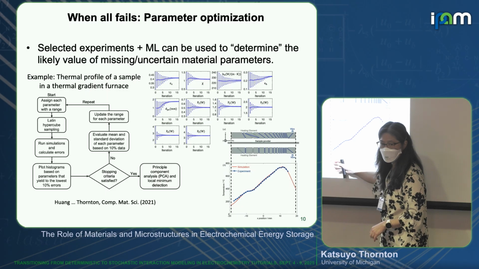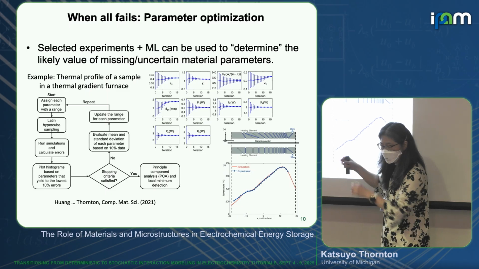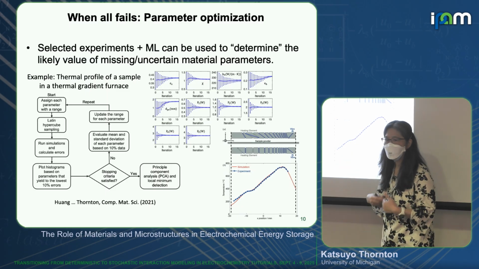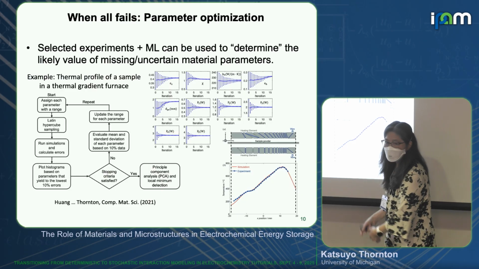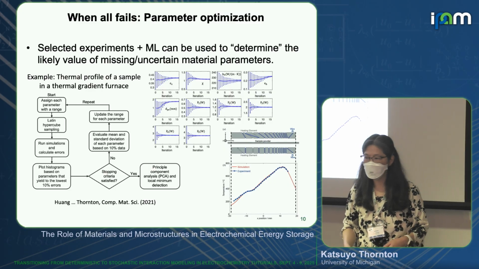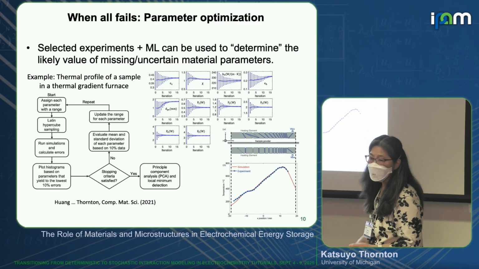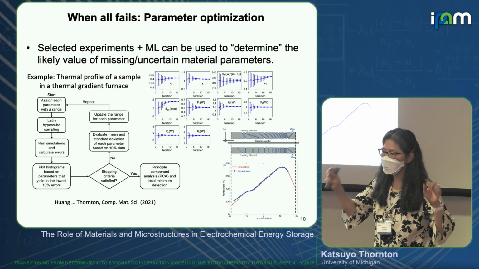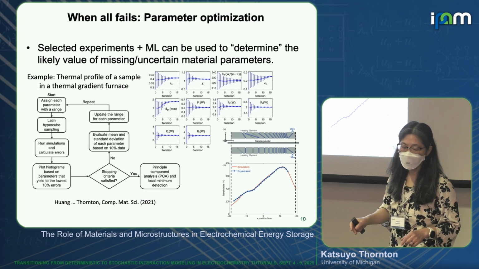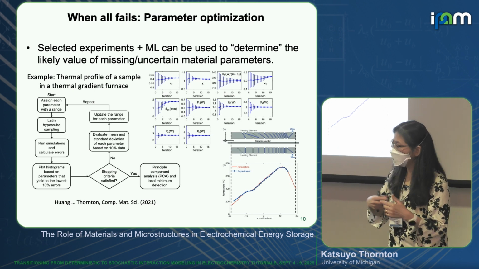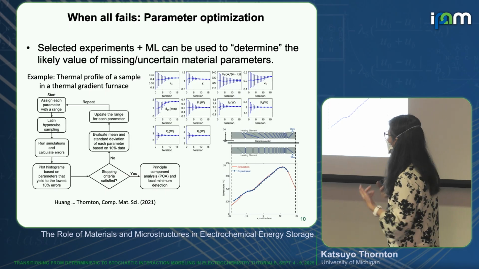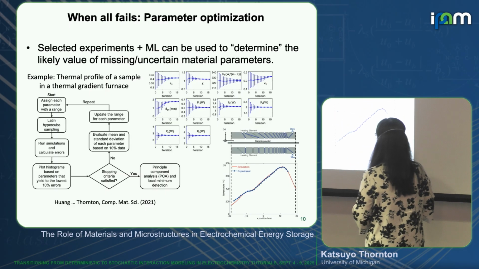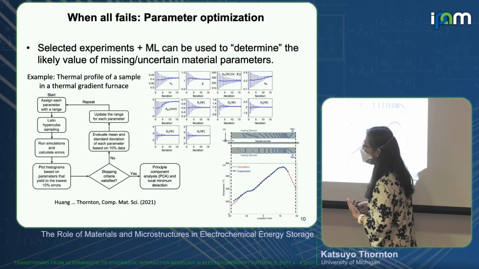One side of the sample tube is going to have a different temperature compared to the other side. The idea, and it worked really well, is that you can do one single experiment but sample different temperatures, right? So it's a kind of high throughput way of characterizing the temperature effect on the material.